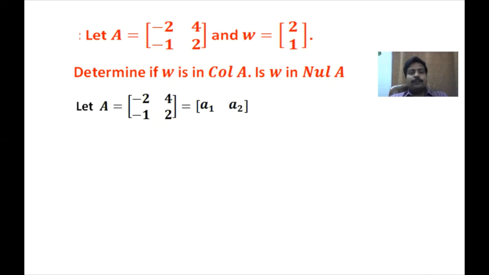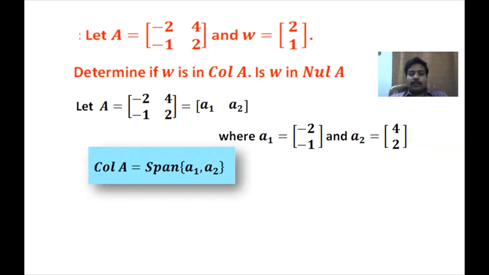This is the problem. So let A be the matrix of A1, A2, where A1 is the first column and A2 is the second. So A1 is the column matrix -2, -1 and A2 is the column matrix 4, 2.